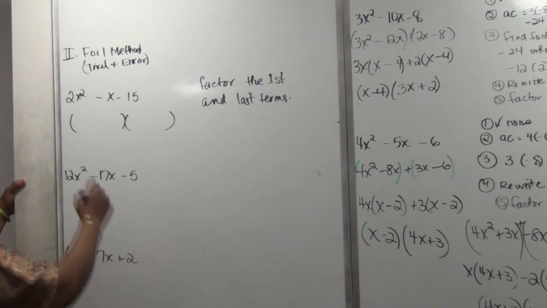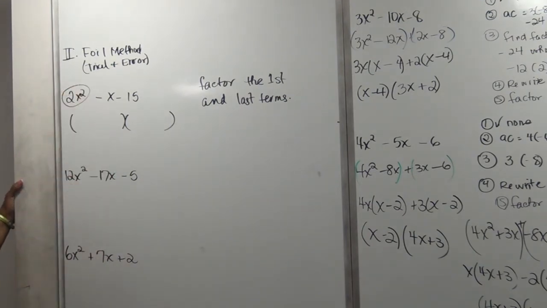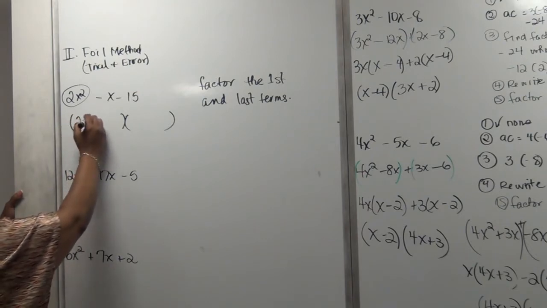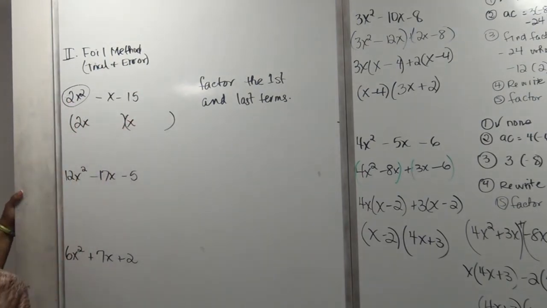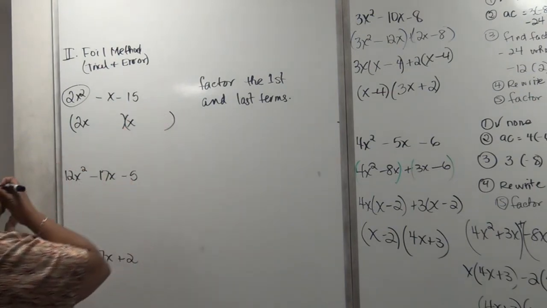So, after we break this down, what times what is 2x squared? And what are the factors of 2? 1 and 2. Okay, what are the factors of x squared? 2x times x. Now, we've got factors of 15.